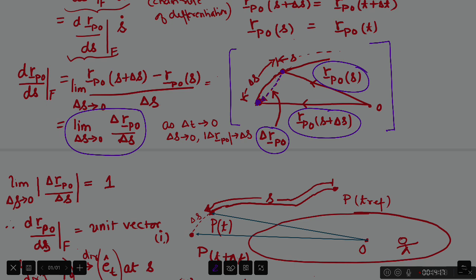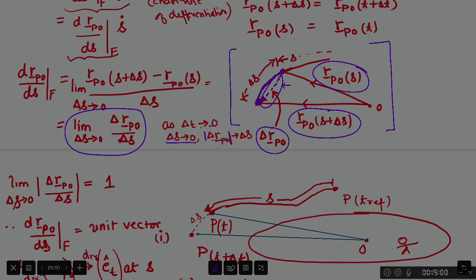Looking at this trajectory, I present this argument that as delta t goes to 0, which is the same as saying that delta S goes to 0, the magnitude of delta RPO should go to delta S. As delta S becomes 0, the length of this dashed vector will become the same as the length of the path that the particle is trying to follow.